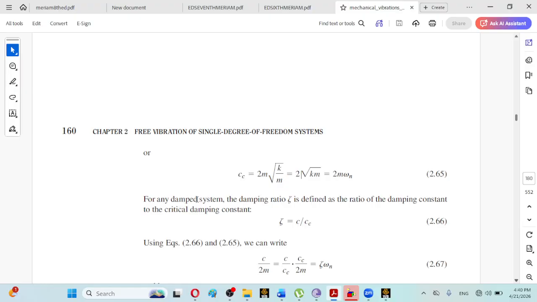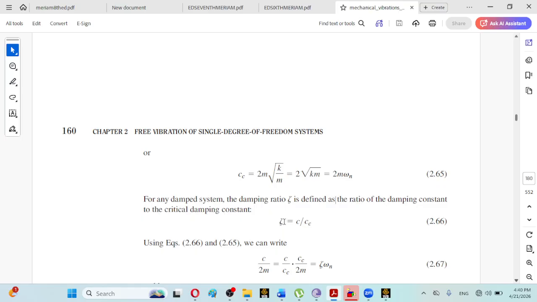After that, the author introduces the next new term. For any damped system, the damping ratio, with the symbol zeta, is defined as the ratio of the damping constant to the critical damping constant.